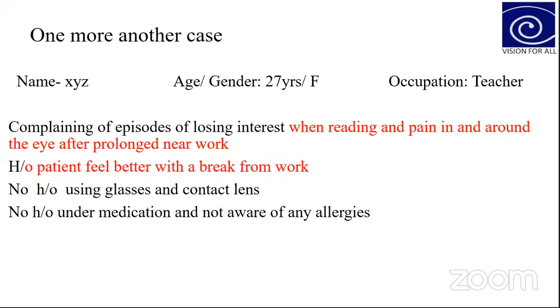Here there was a 27-year-old female working as a teacher. She has a complaint of a recent episode of losing interest when reading, and she had pain around the eye after prolonged near work. She feels better with a break from the work, and there is no history of using glasses or any specific systemic illness.